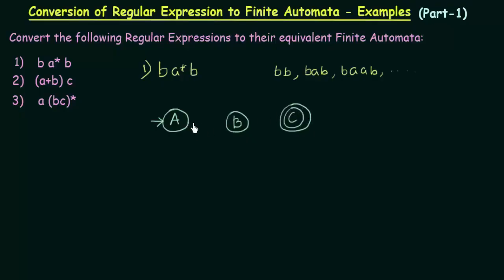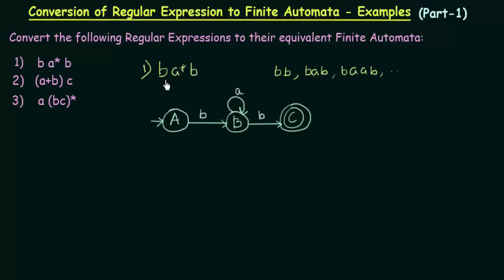I'll say that this starting state A goes to B when it gets the input small b, and then this B will go to the next state, state C, when it gets the next input, this b. Alright, so we have made it for this b and this b. Now what about this a? How shall we make it for this a? I will make a self loop on this B itself when it gets the input small a.